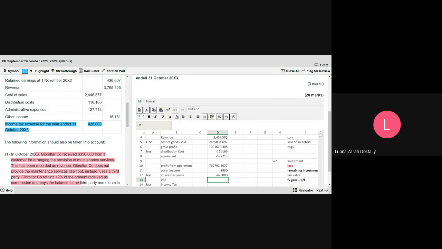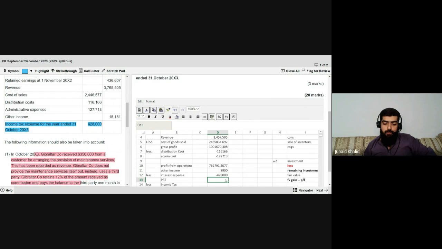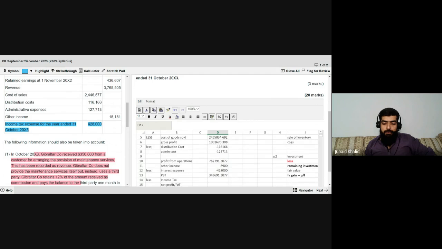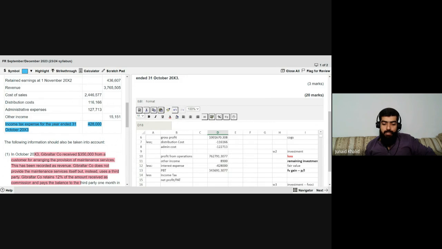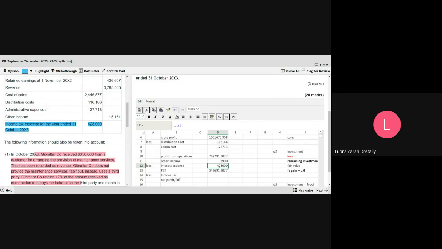Now what we are going to do is total, and how we are going to do total, that is sum, bracket open. So that is the profit before tax of 343. Oh, what I did. But we have already put income tax down, right?